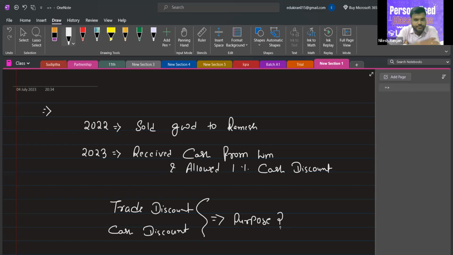So here we are giving cash discount. It is not at the time of sale. We are receiving cash. That's why if we are giving discount at the time of cash receipt, then it is cash discount.